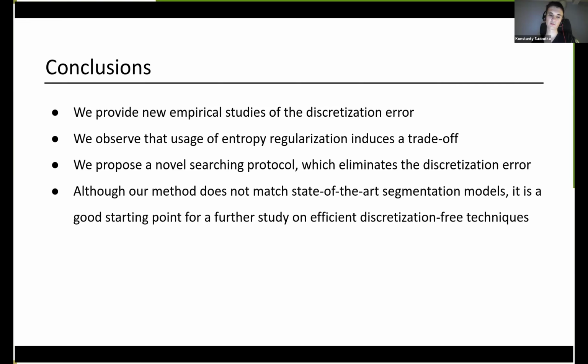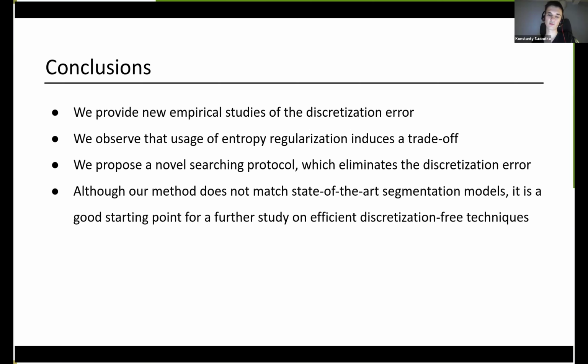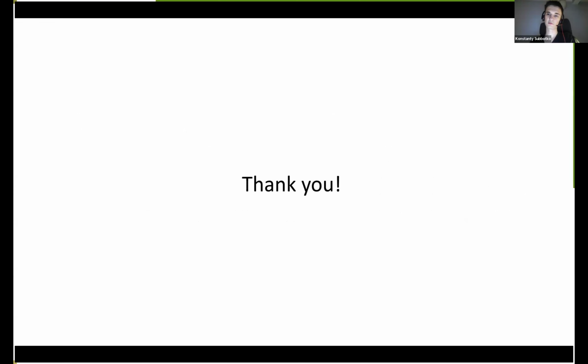Although our method does not outperform state-of-the-art methods, we believe that it is a good starting point for further study on efficient single-stage proxyless techniques. We will probably publish our code very soon. Thank you for your attention.